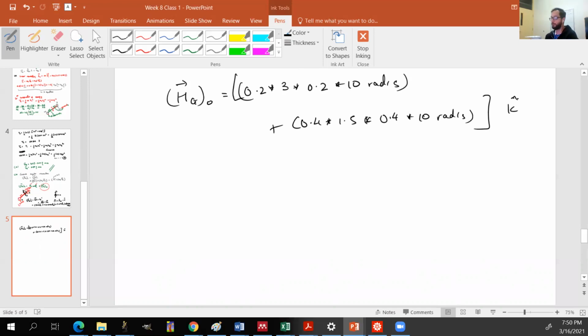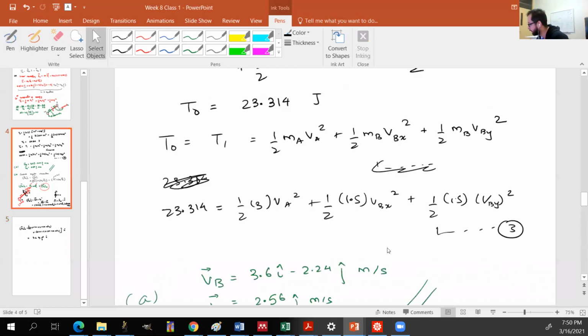You can do the math, and you get that HG is equal to 3.6 kilogram meter squared per second K hat. And that's it, guys.